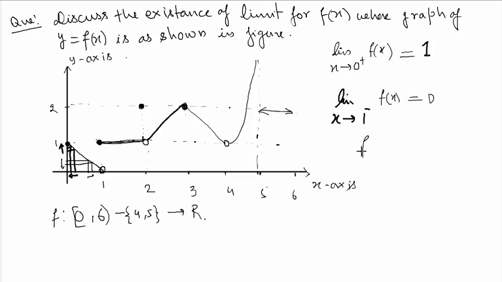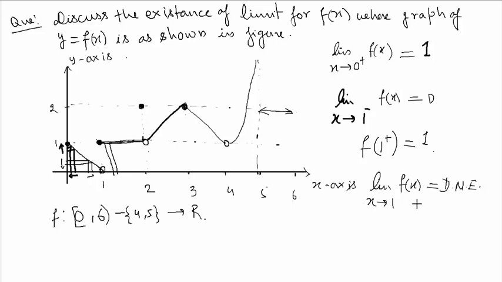And what about f of 1 plus, meaning the right hand limit at 1. This is the right hand limit approach, so f of 1 plus is 1. And in the same way, whether the limit exists at x equal to 1 or not, you can say that limit x tending to 1 of f(x) does not exist.